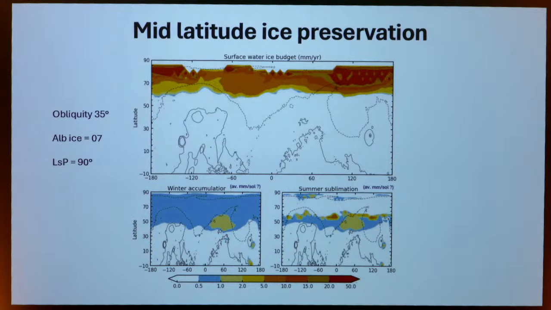So here for this specific simulation at 35 degrees obliquity, without making any assumptions for the dust cycle, which is completely overlooked in this work, it has to be reconnected with Thomas Piron's work, but without involving any ad hoc parameterization, just the albedo of the frost and the thermal inertia feedback, we get some preservation, like perennial year-by-year growth of mid-latitude ice at a rate of several millimeters per year.